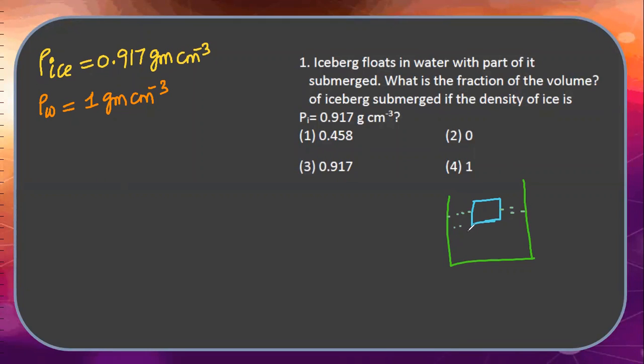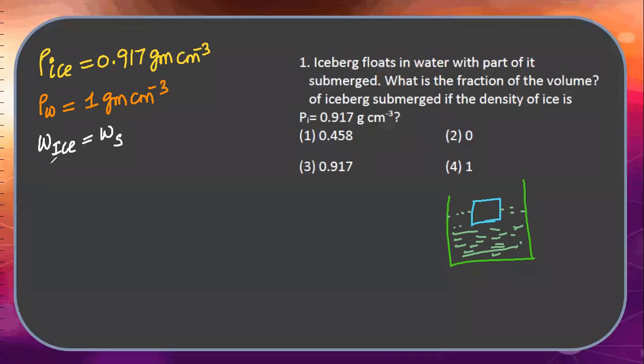So then the weight of the iceberg will be equal to the weight of the water that is displaced. Weight of the water that is displaced means it will remove the water and occupy that volume of the water.